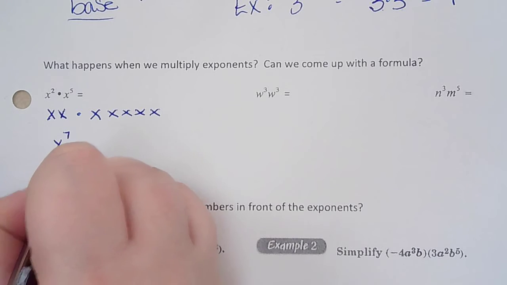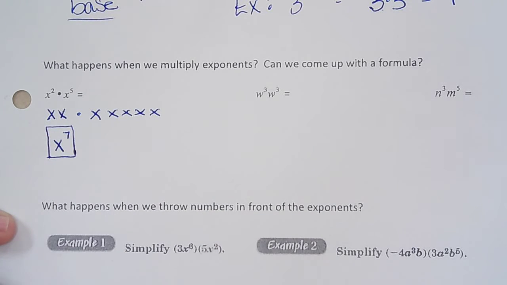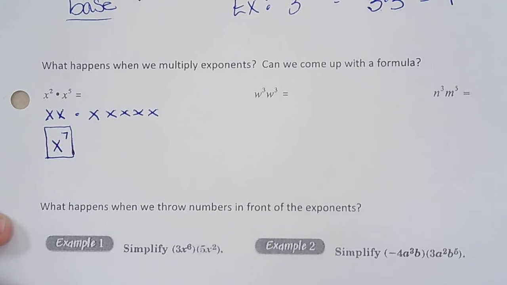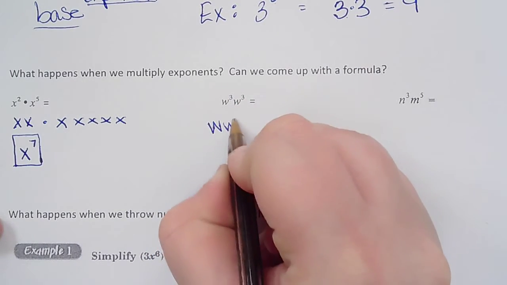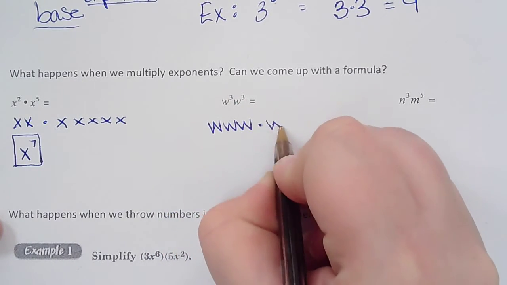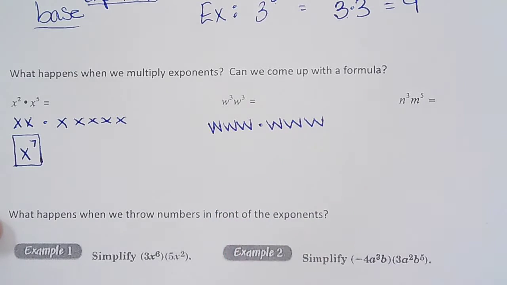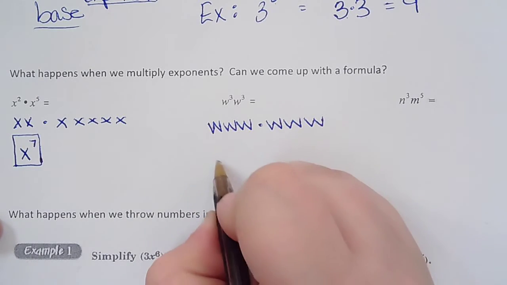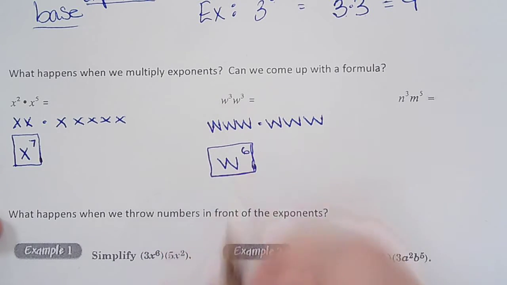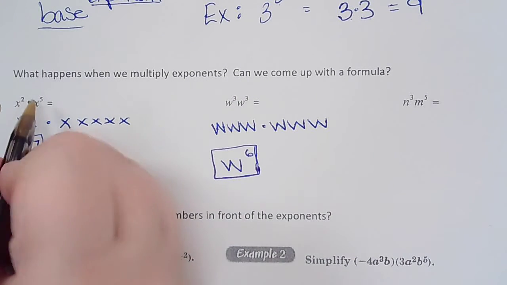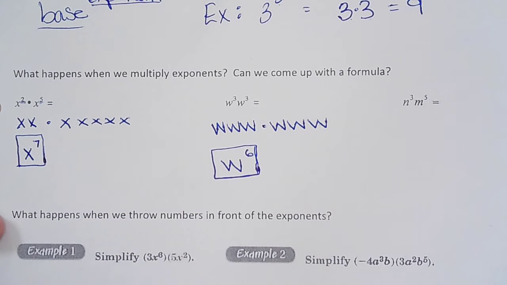So our final answer here is x to the 7. Let's look at that again and see if the case holds with a different letter. If I have w to the 3rd times w to the 3rd, that means I have 3 w's times 3 w's. Total, there are 6 w's. So if I'm not mistaken, what it looks like is happening is we are adding our exponents when we multiply.